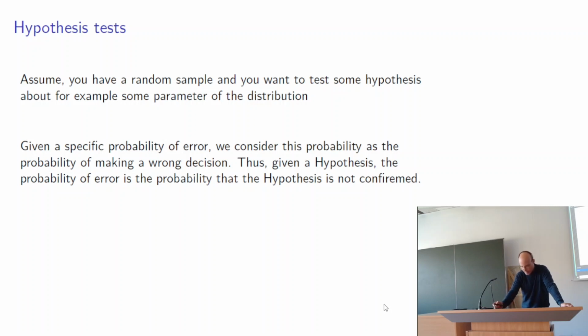So then, let's start with hypothesis tests in general, just for some minutes. And here I've written it down. Assume you have a random sample so that we really meet our assumptions. And now we want to test a hypothesis. Well, so I ask, I want to be on the right side with 95% probability.